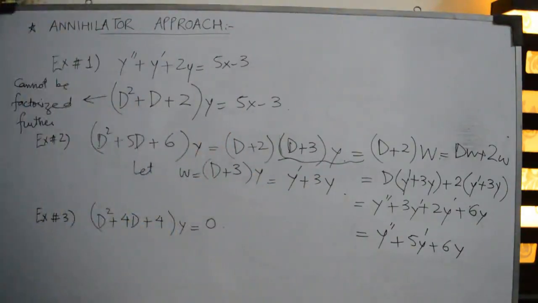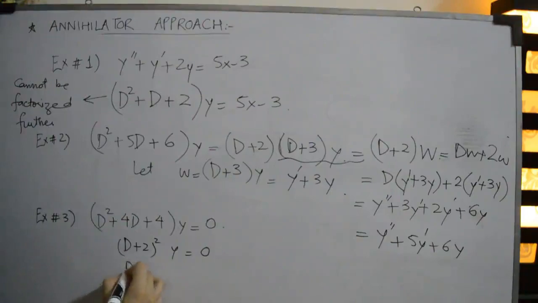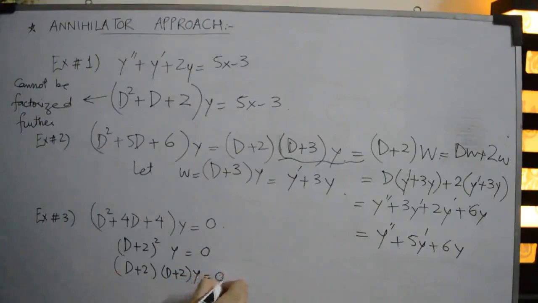In the third example we can write now in this form y double dash, and I can also make the factors of this. I can see that D² + 4D + 4 is a complete square of (D + 2), a plus b whole square, into y equals to 0. Factors of it are (D + 2)(D + 2) into y equals to 0.